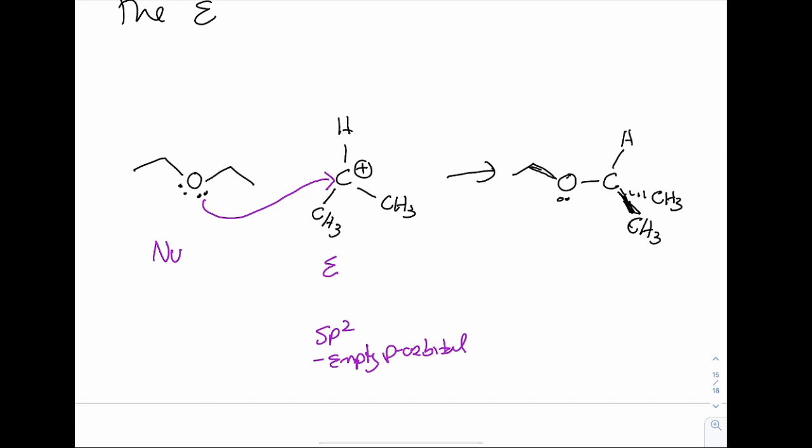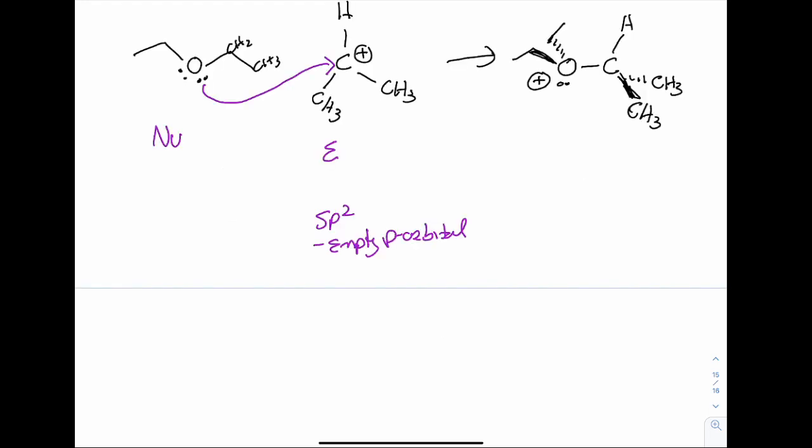Sorry for this crazy mix of structures. If you wanted to write these out, it would be CH2, CH3 on each side, if that's easier. That does look kind of weird. It might be better to write CH2, CH3 for each one of those, but we do get that bond between them. I still have a formal charge on this oxygen now. My net charge on both sides should always be the same.